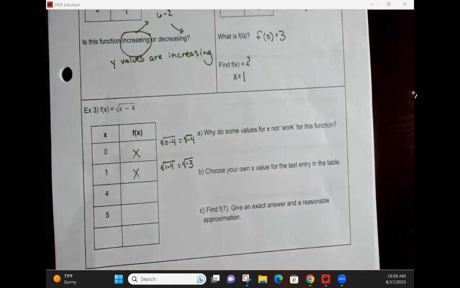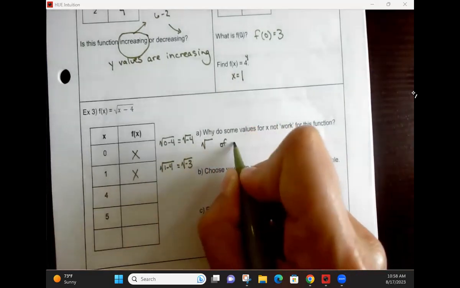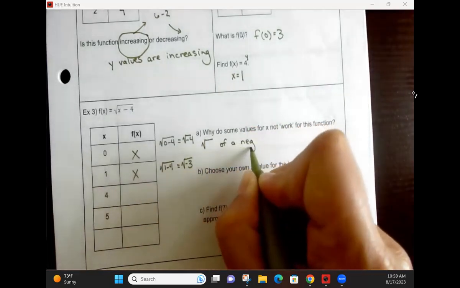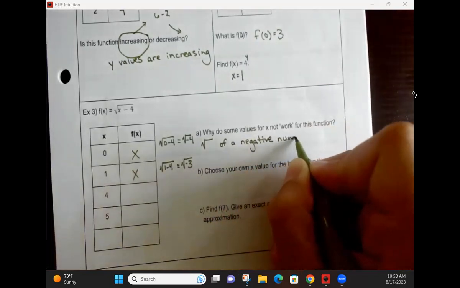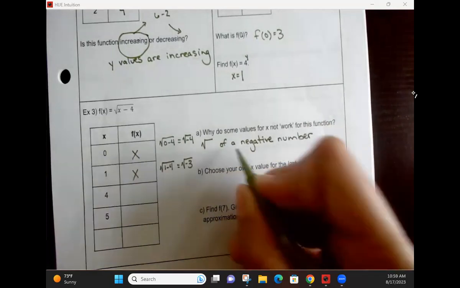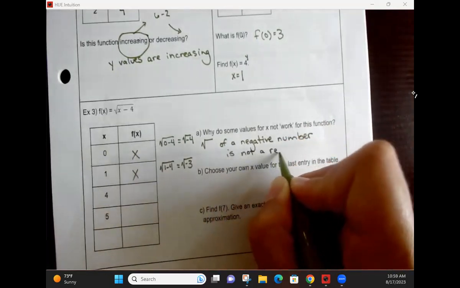So I need to be careful when I'm making a table with what values are okay for my input and what kind of values I can expect for my output. Okay, so I have a problem here because the square root of a negative number is not a real number.